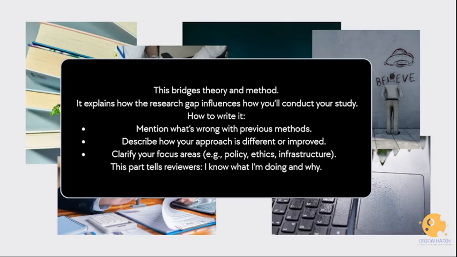You should mention what was wrong or incomplete in previous studies, how your approach is different or improved, and which areas you focus on, for example, policy, ethics, or infrastructure. This tells the audience that you understand the research field deeply.